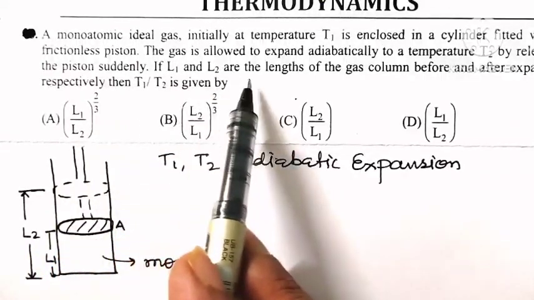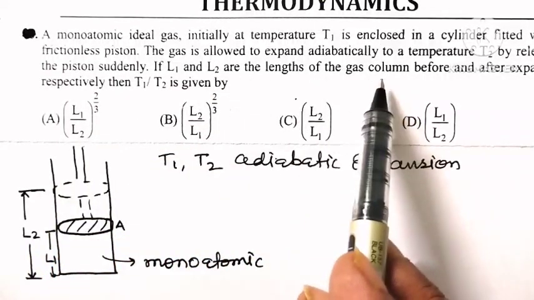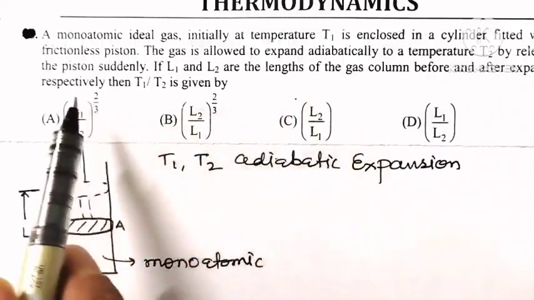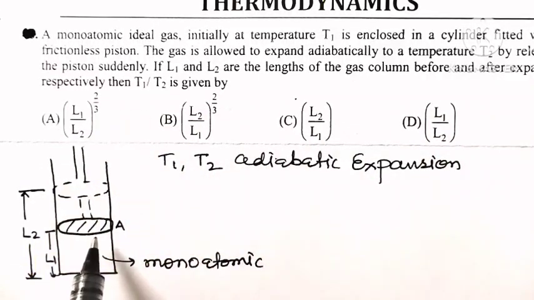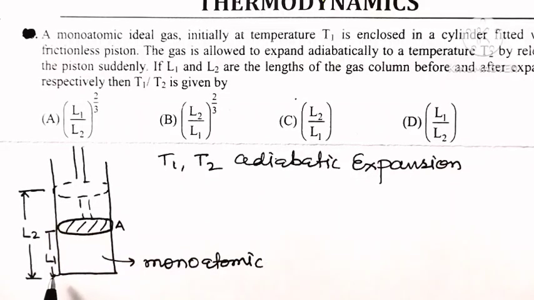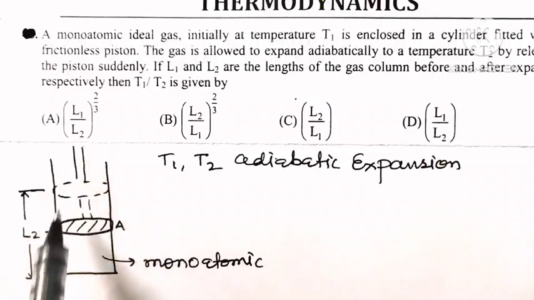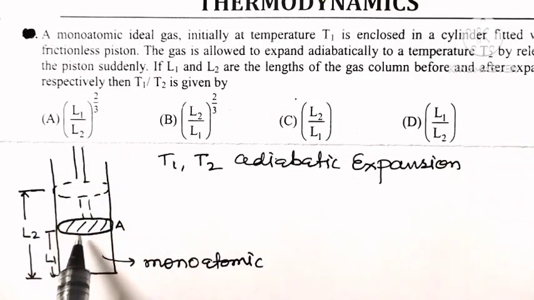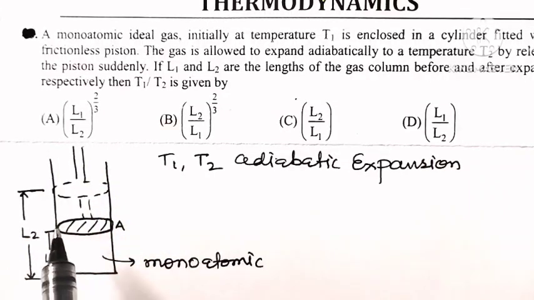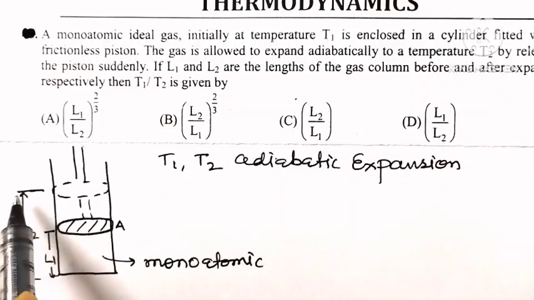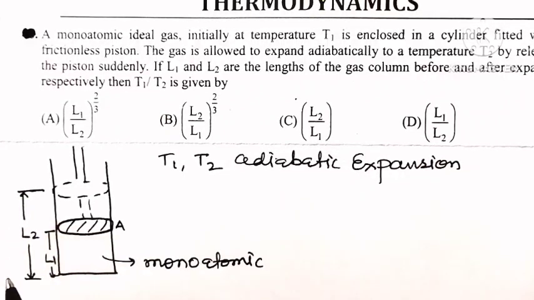If L1 and L2 are the length of gas column before and after expansion respectively. See here, initially the piston is at this position. Length of gas column is L1. Later on, when the piston is released, that gas undergoes adiabatic expansion, so the length of the air column is greater, and say it is equal to L2.